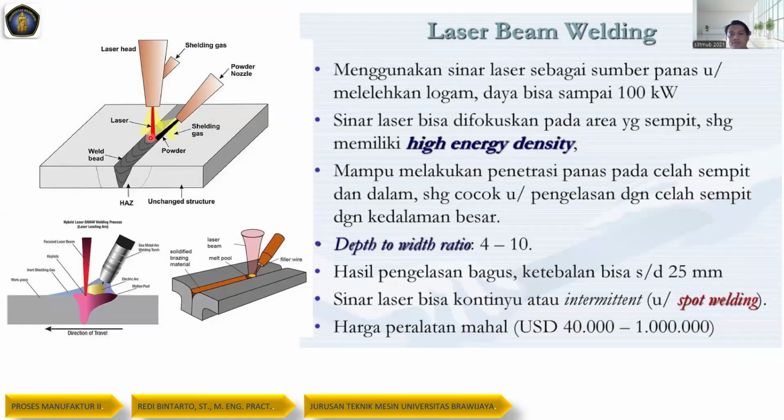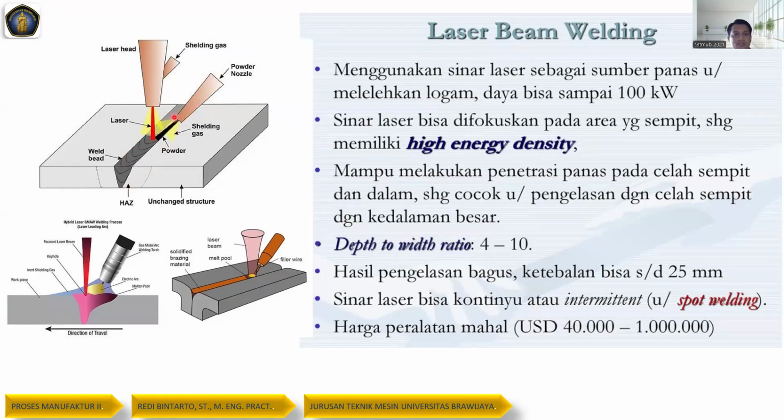And then there is laser beam welding here. Some people say it has high energy density because the energy of the laser is higher. And then the instrument is expensive.